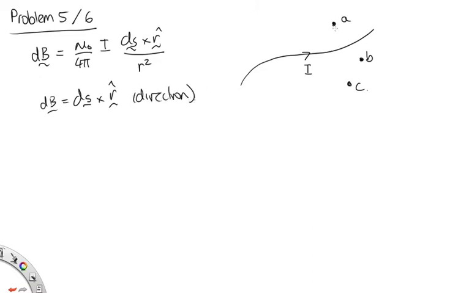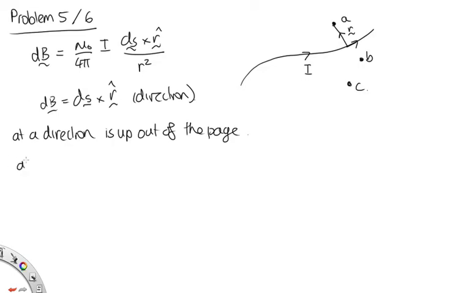And so at A, r is drawn in the direction from the wire to the point we're interested in. So that's our direction of r at A, and ds is the direction of the current flow. So that's in this direction here. So just using the right hand rule, you can see at A, the direction is up, out of the page.